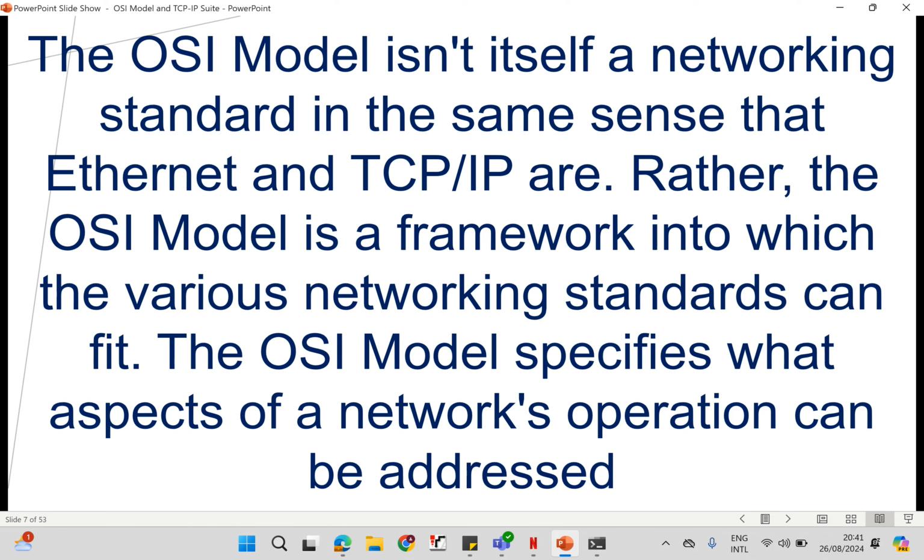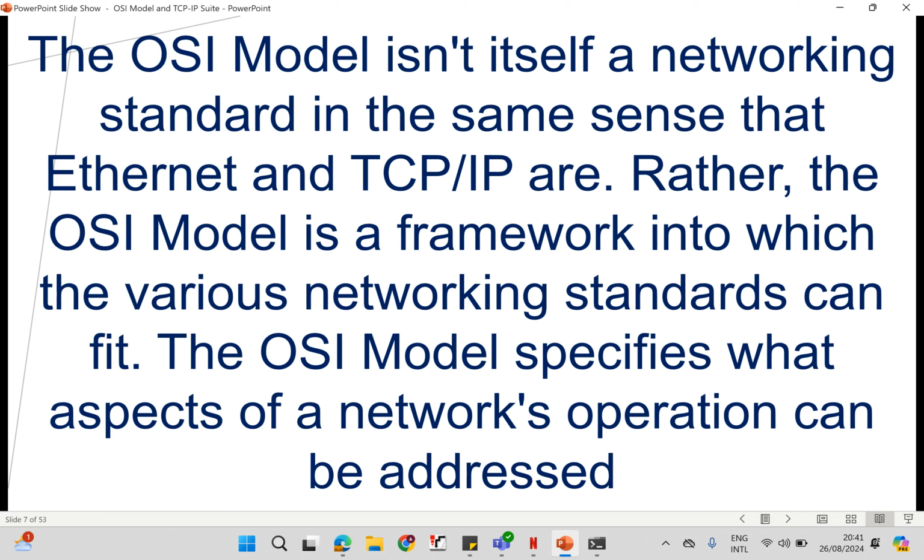So this is using the Ethernet protocol or the Ethernet networking standard. Meanwhile, the OSI model is not designed as a technology, but it's a framework, a standard that every vendor should follow when they are designing their technology.